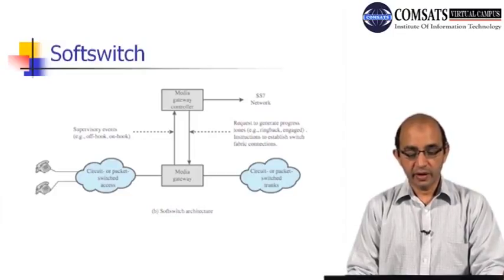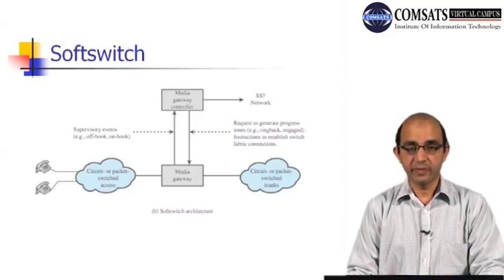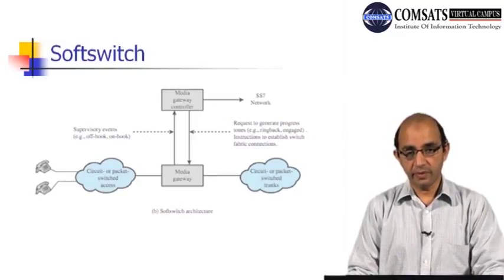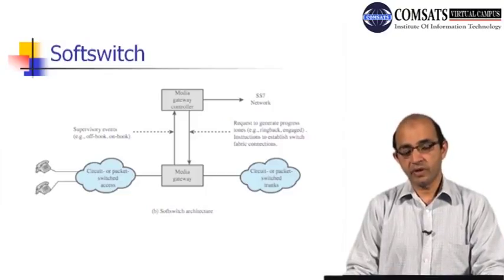In that way we can have a much cheaper soft switch as opposed to a hardware based switch, right? One example is an open source soft switch, Asterisk, and that is available freely, and we can tweak it according to our environment.